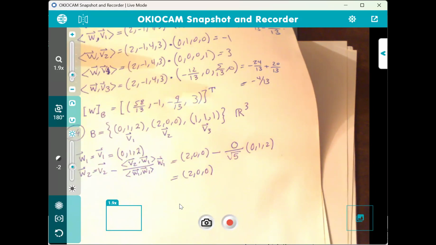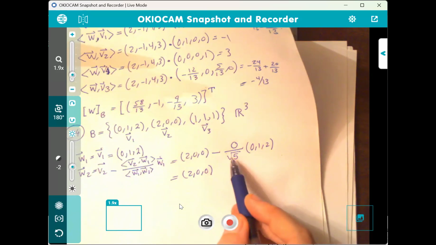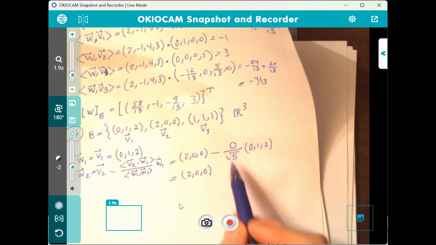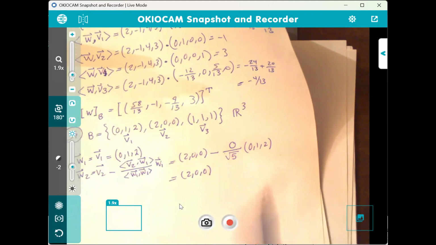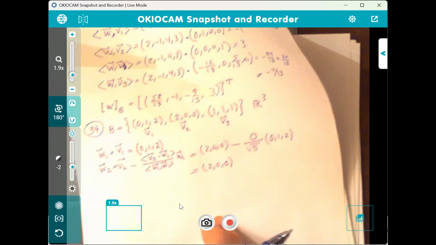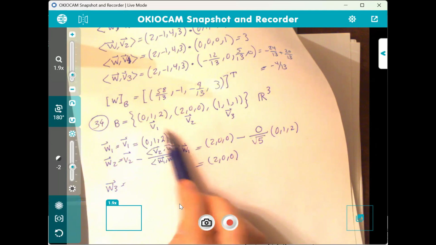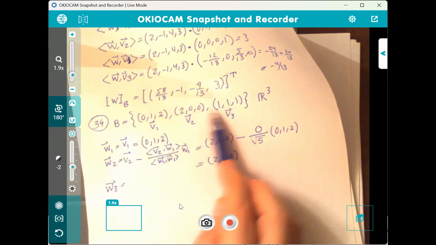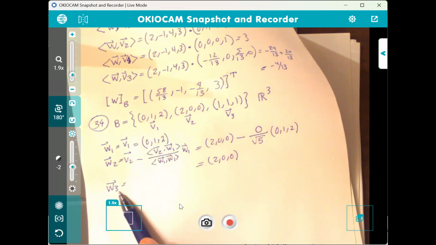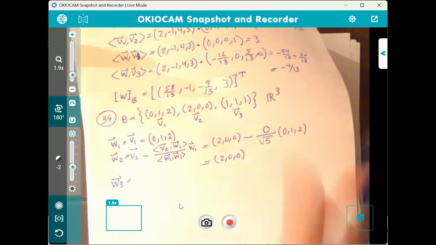Okay. Now, let's see. So W1 became, yeah, that would remain square root, by the way. It's not squared. All right, let's do W3. Because the basis has 3 vectors, the orthogonal version, B prime, is going to have 3 vectors.